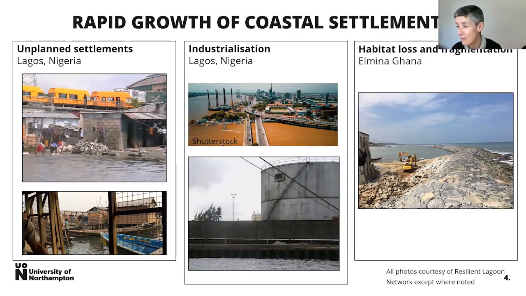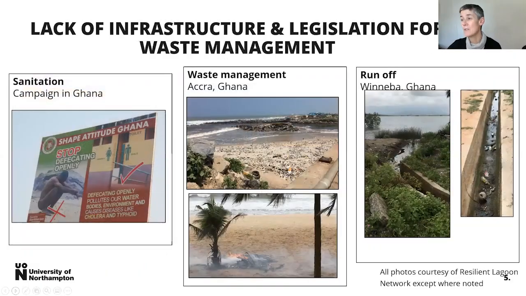And the picture I have here from El Nino in Ghana is of a big hard engineering project that has decimated the dune area that was one of those key transitional environments between the land and the sea. If we look at the next of those drivers, that lack of infrastructure and legislation for waste management.